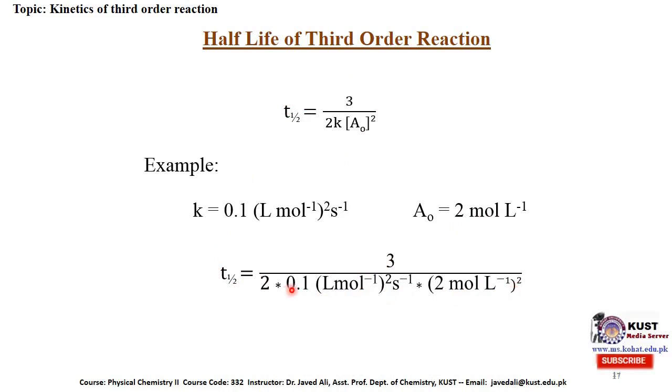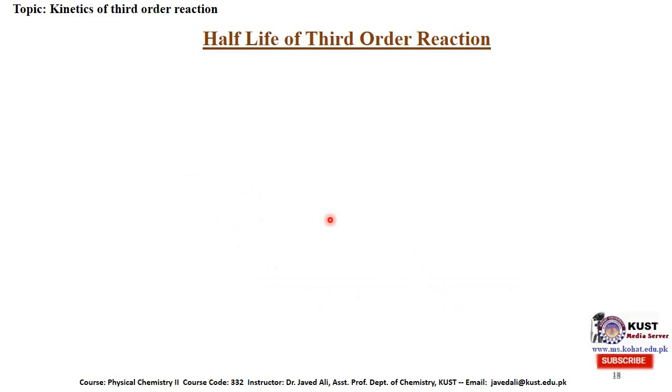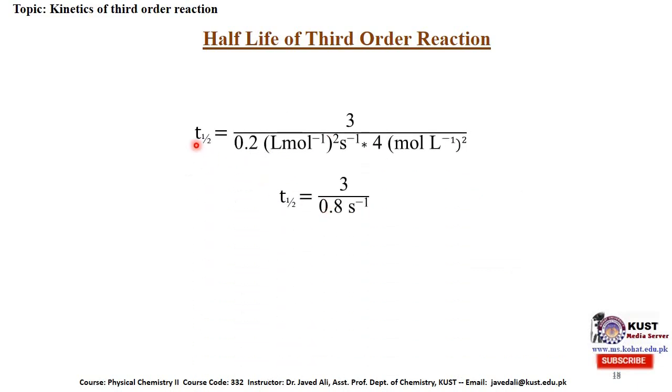Where 0.1 is the rate constant and 2 is the initial concentration of reactant, we get half-life is equal to 3 divided by 0.2 liter per mole whole square per second and 4 moles per liter whole square. Taking square of 2, we get 4, and 0.1 multiplied by 2 is 0.2.